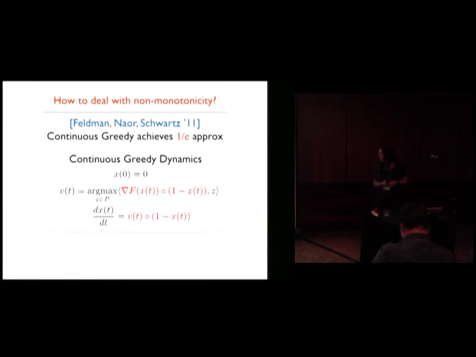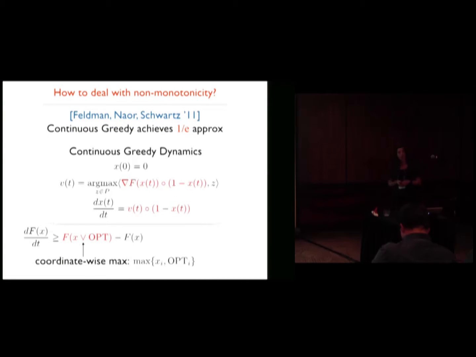And what is the intuition behind that? So again, we can take a look at how the function value is increasing over time. So the function value dynamics. So before we could lower bound this by f of opt minus f of x. So now we can no longer do that, but we can do something similar.